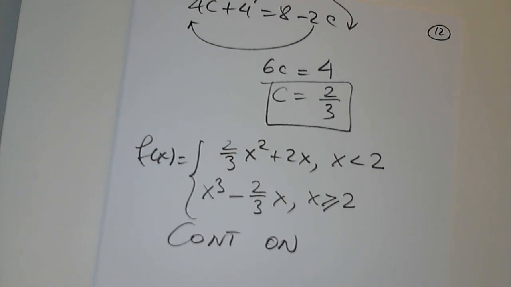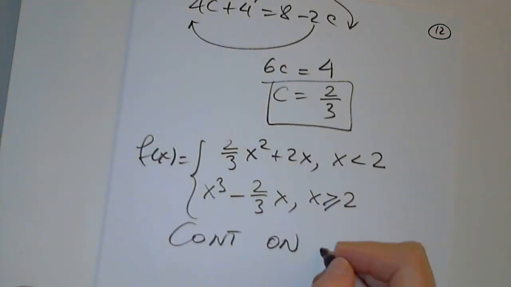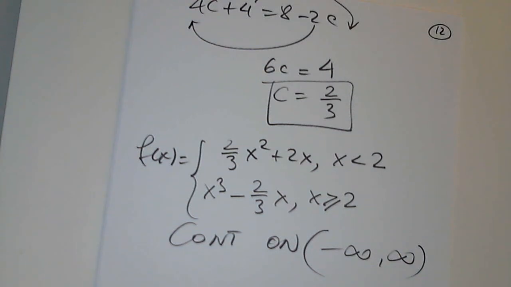We already knew it was continuous everywhere except 2. We made it continuous at 2. We found c and we put it back in. So what do I know now about the function? It's continuous everywhere. That's it. Absolutely guaranteed, we made it happen.